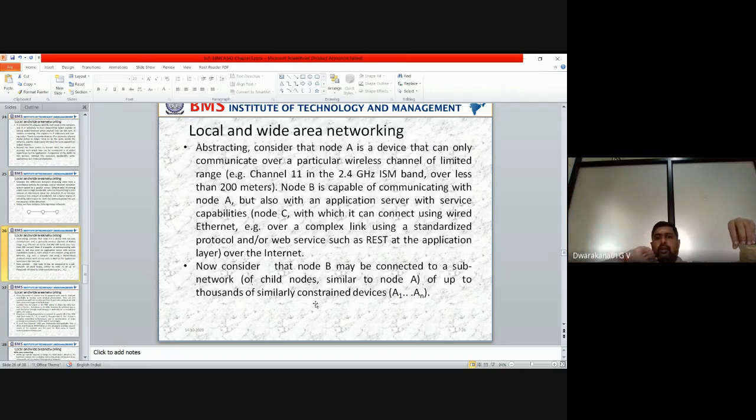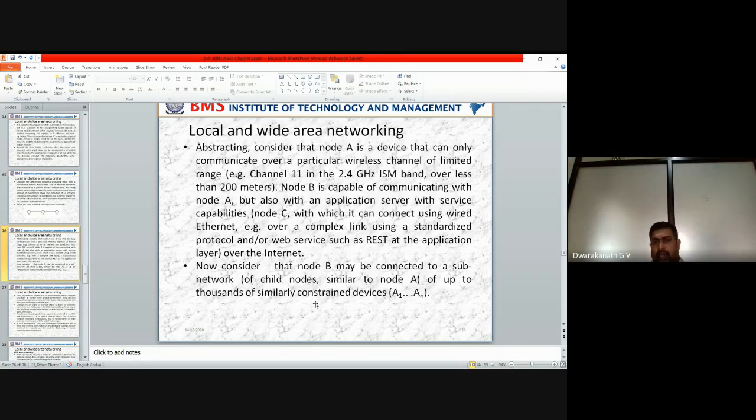As I told you, our sensors, our sink nodes, whatever will be there, will communicate within a range. But node B, the board you kept, can communicate with node A and also with node C. And B is connected with C with an Ethernet. Assume Ethernet internet has been connected.